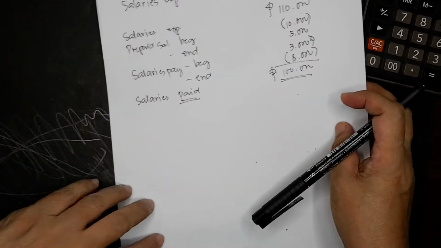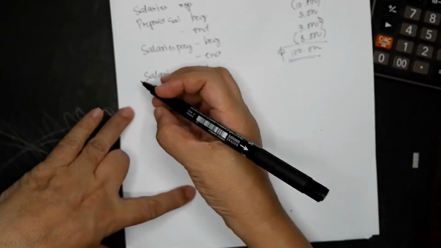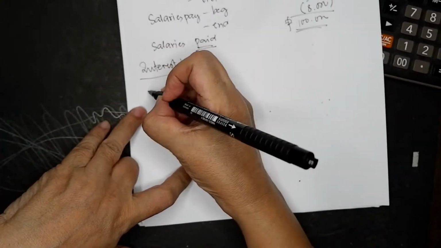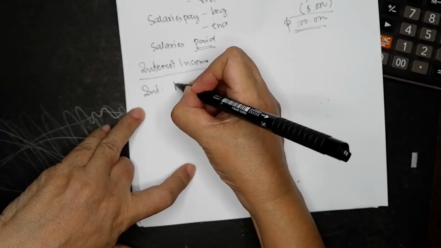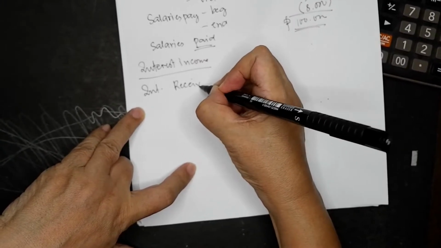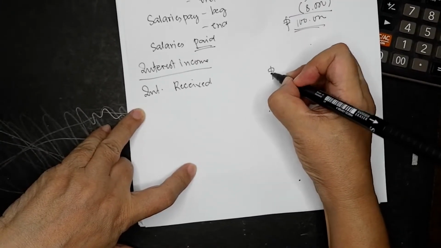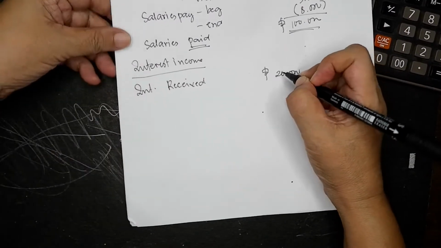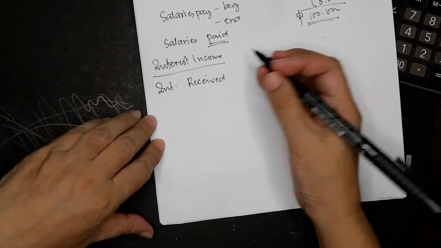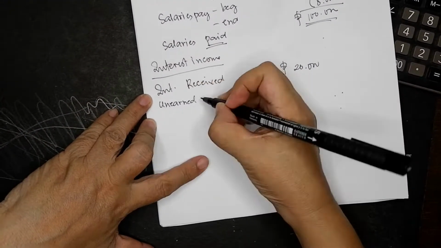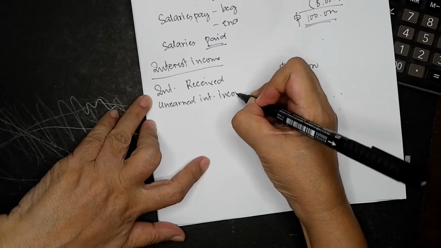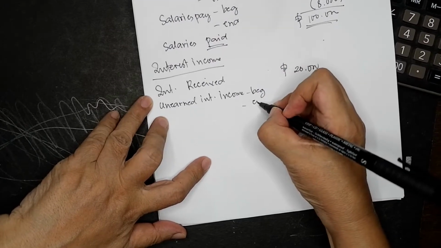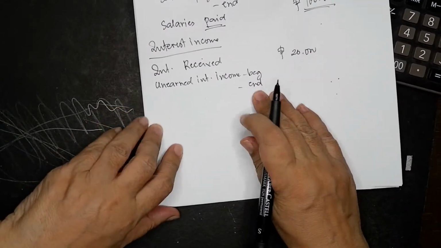Okay. So, for other income, halimbawa, interest income. Okay. Interest income received. So, ito yung nasa trial balance. 20,000. Meron tayong unearned interest income beginning. Meron tayong unearned interest income end.